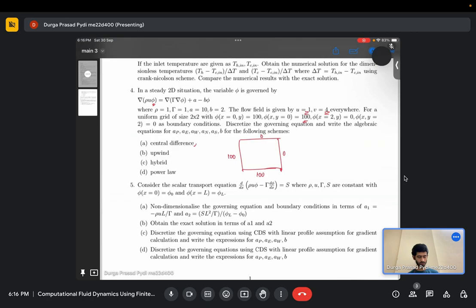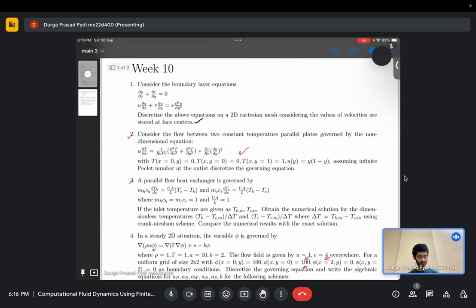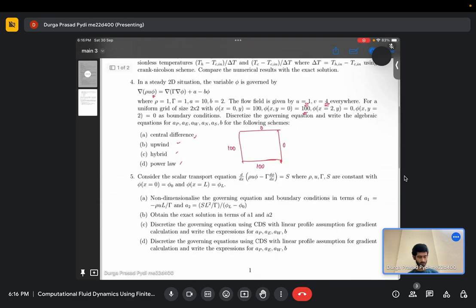So we'll use central, upwind, hybrid and power law. This is again straightforward, very similar to the question we discussed in the second question. So you just have a and b terms. Maybe we'll write the equations down.